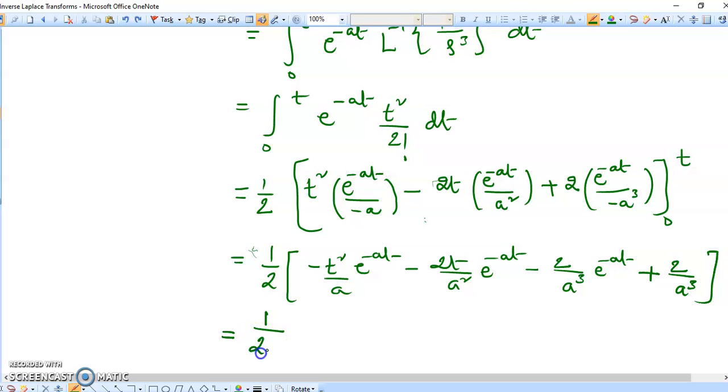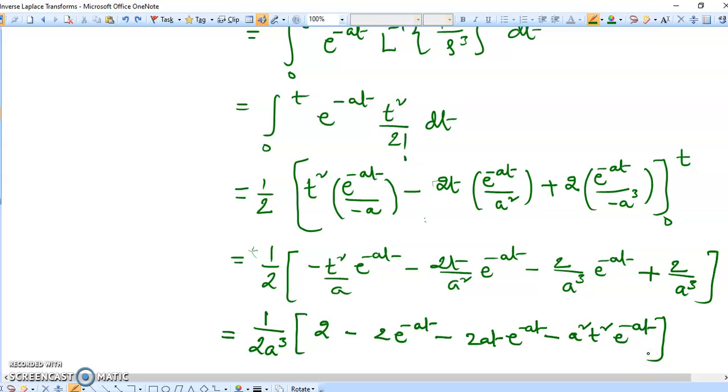If you want to bring that a cube outside, this is 1 by 2a cube, and this constant I am writing first, so 2, and then a cube is drawn outside, and this will be minus 2 into e to the power of minus at, minus 2 into a into t into e power minus at, and then for this term it will be a square t square into e power minus at.